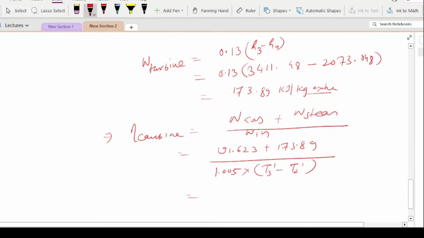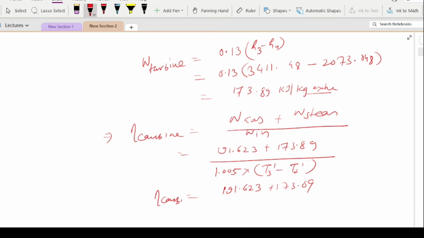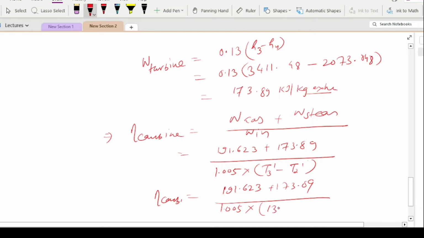So eta combined is 191.623 plus 173.89 divided by 1.005 into T3 dash, 1300, minus T2 dash, 604.29.